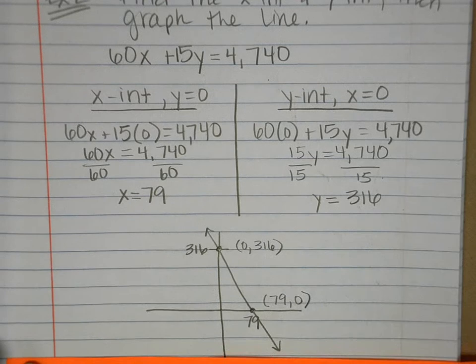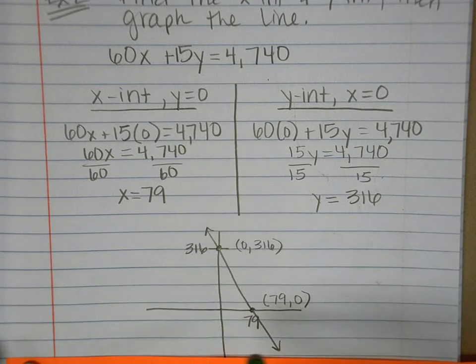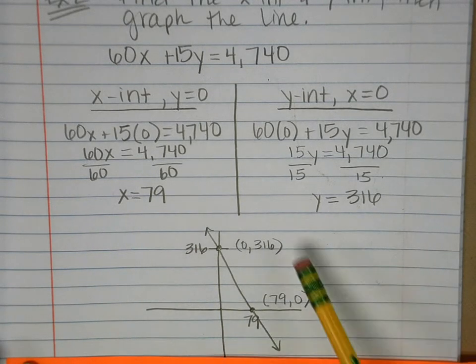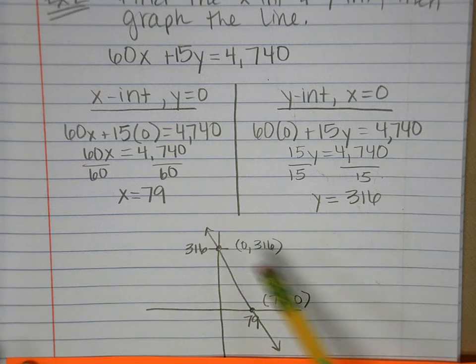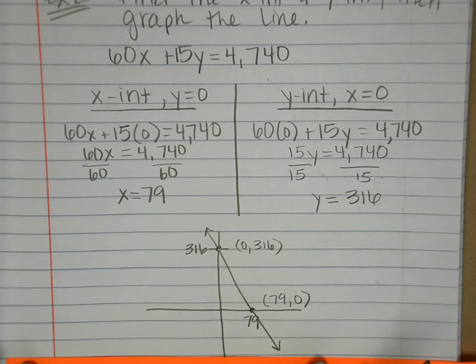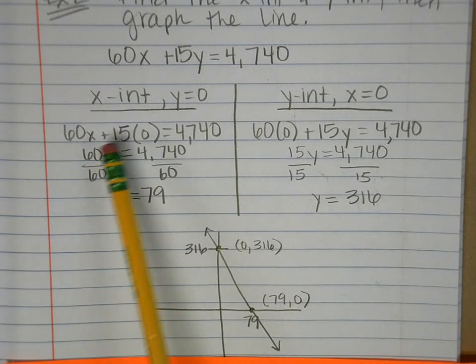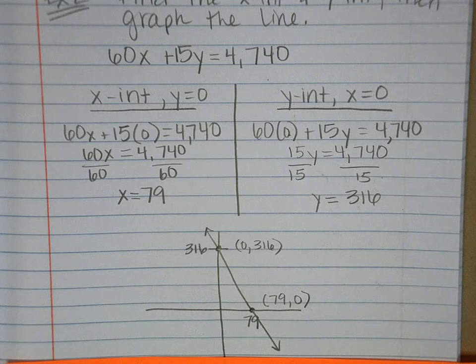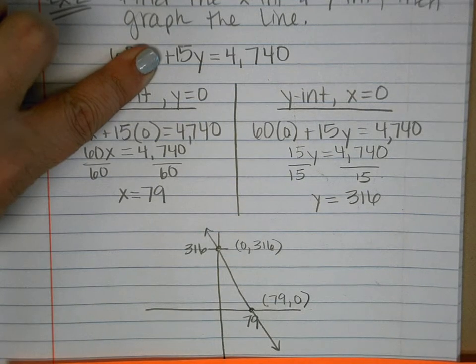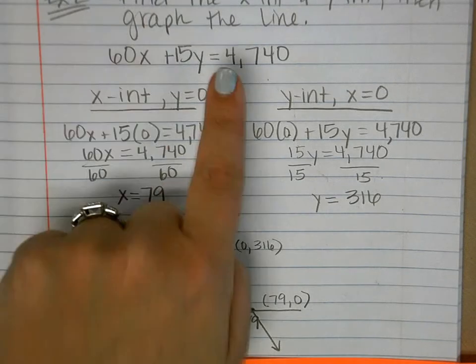So the y is 316, the x is 79. You put your points on there so you can see the zeros. So the magic trick or the shortcut is either you could write these out, you could put the zeros, or you could just put your finger over whichever one you're trying to solve for. Sound good?